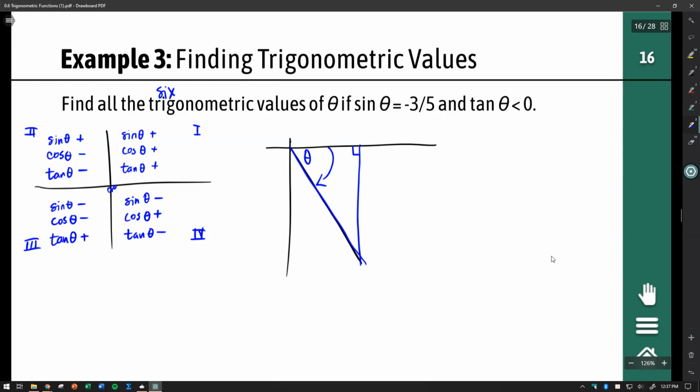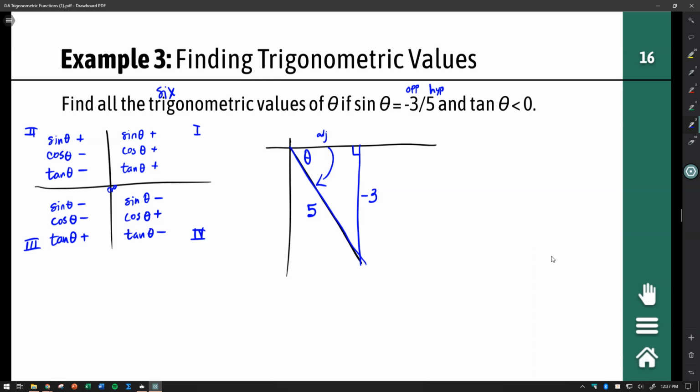Here is theta. The sine is negative 3/5. So if the sine is negative 3/5, and I know that sine is opposite over hypotenuse, then the opposite would be -3. The hypotenuse would be 5. And we would just then need to figure out what this x value is, or you might call it the adjacent side in this right triangle from theta.